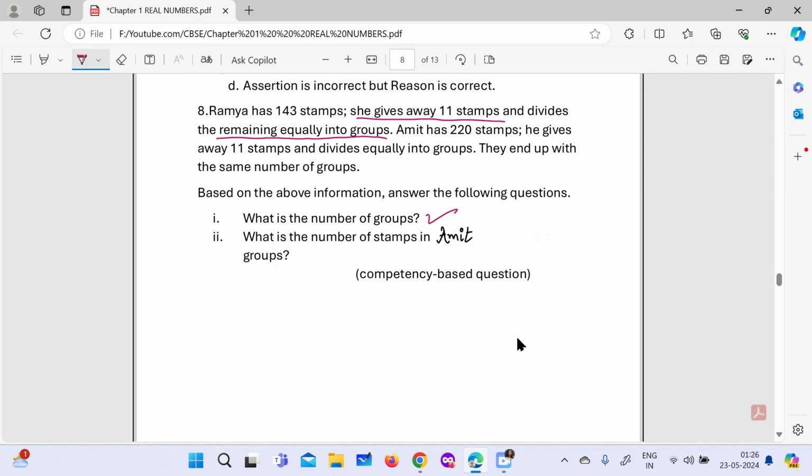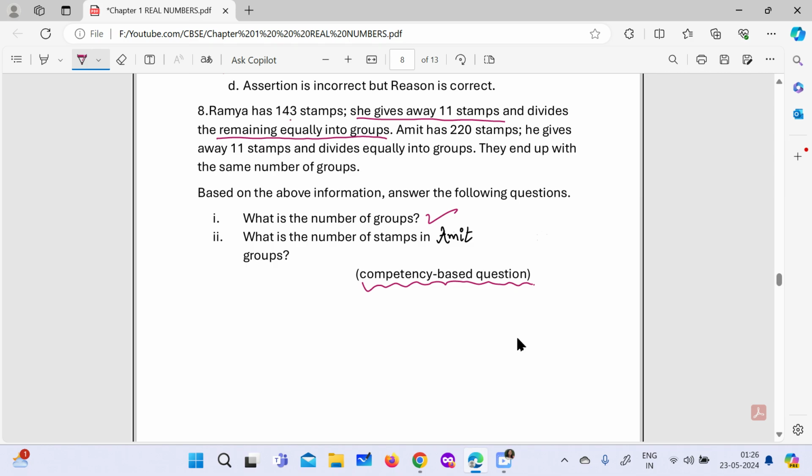So, first you understand this question, and this is a competency based question. Like for CBSE exams, your pattern is changing to competency based questions, so you need to practice a lot of competency based questions. Now you look here, Ramya has 143 stamps. First we understand the whole thing.